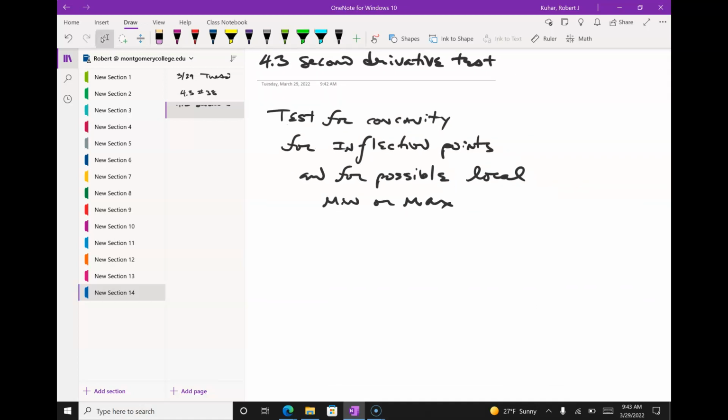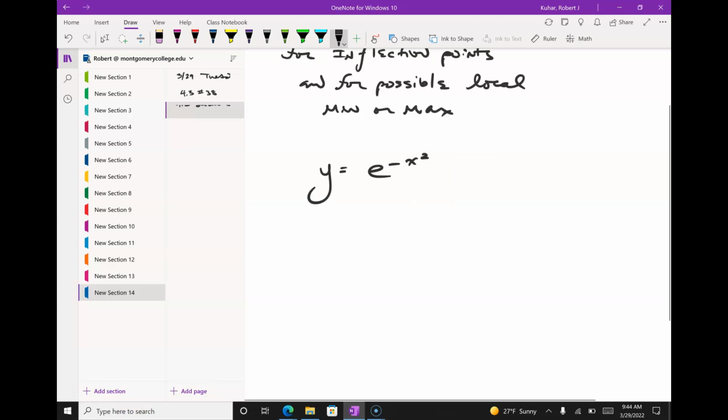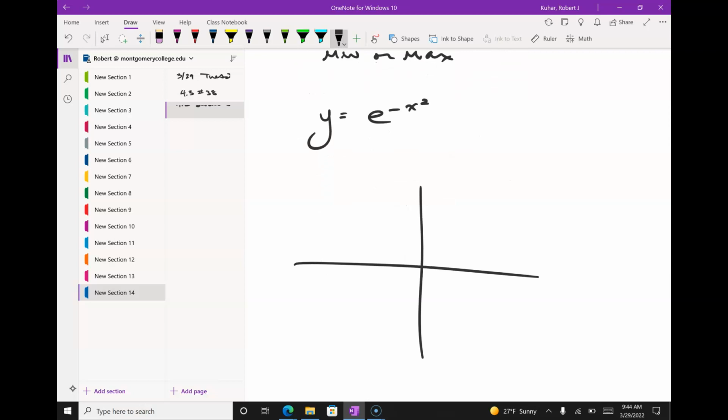So let's first of all look at what I mean by concavity and inflection points. Just imagine I had y equals e to the minus x squared. We should know what that one looks like by now. This is my bell curve.